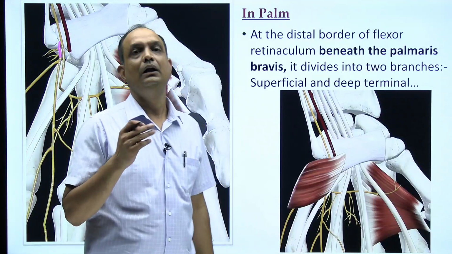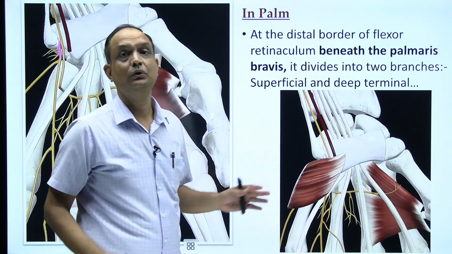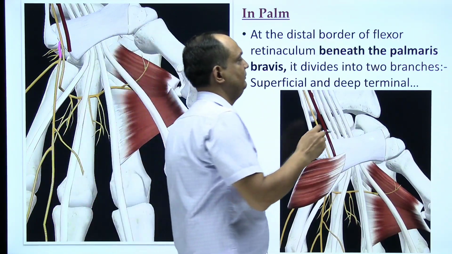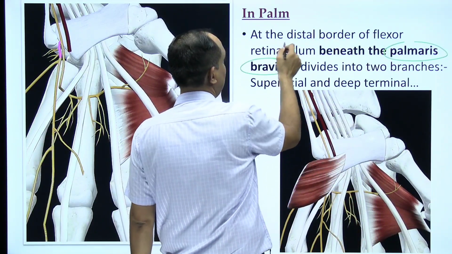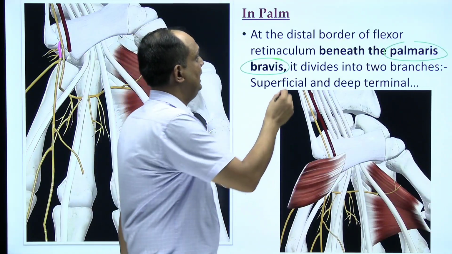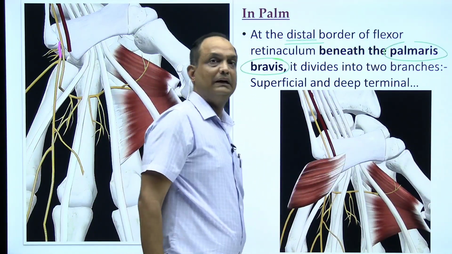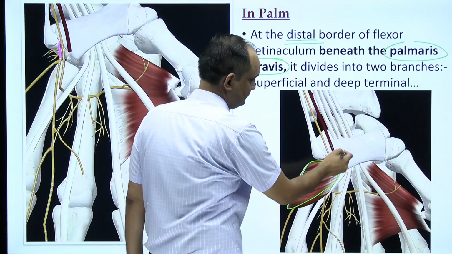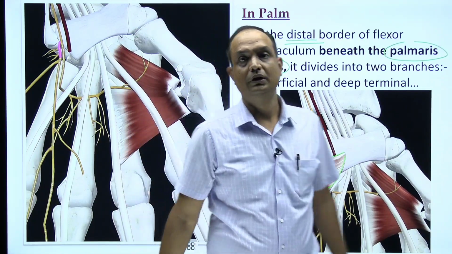When the ulnar nerve enters the palm, it terminates into two branches, and it passes beneath a very small muscle known as palmaris brevis. So it lies outside the carpal tunnel, and when it reaches distal to the retinaculum, it passes beneath this muscle, and deep to it divides into two branches.